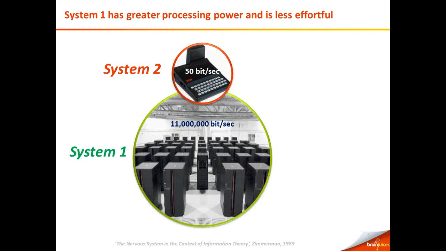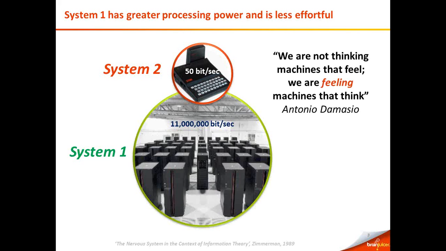So it's the Commodore 64 or the Atari of the brain, whereas System 1 is able to process information at about 11 million bytes a second. It's a vastly superior processing system, and therefore really dictates the way we respond to different types of stimulus, including marketing communications, as human beings. In other words, we're not thinking machines that feel, we're feeling machines that think.